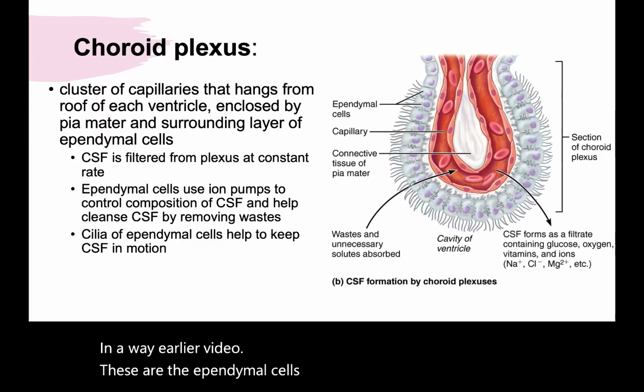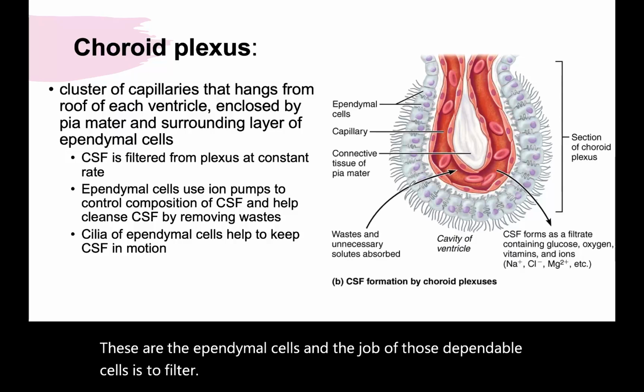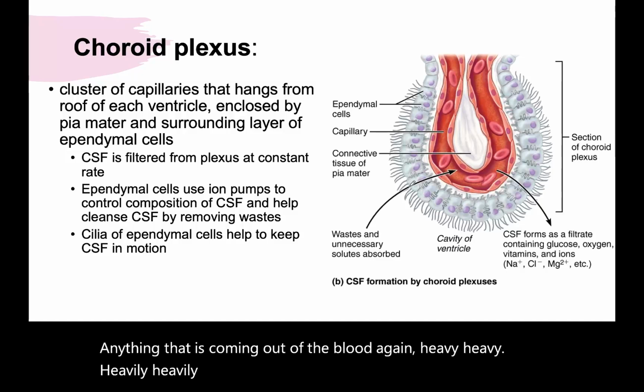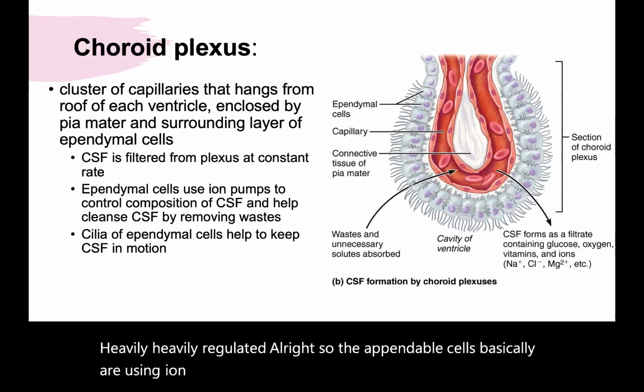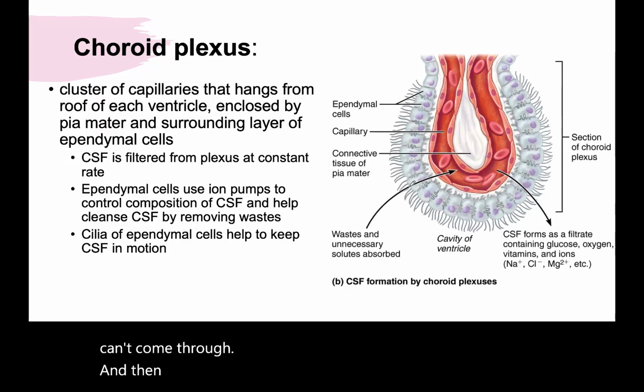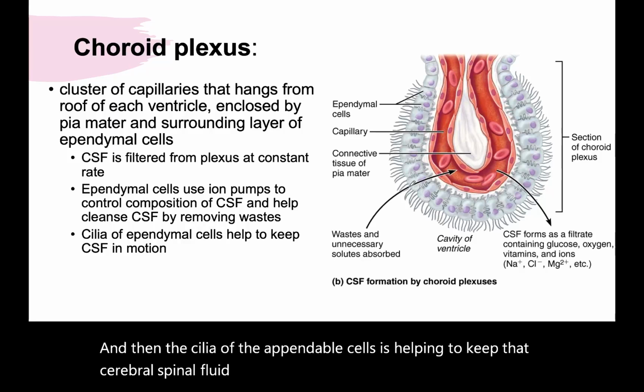And the job of those ependymal cells is to filter anything that is coming out of the blood. Again, heavily regulated. All right, so the ependymal cells basically are using ion pumps to say, yep, you can come through, nope, you can't come through. All right, and then the cilia of the ependymal cells is helping to keep that cerebral spinal fluid moving as it passes through the ventricles.